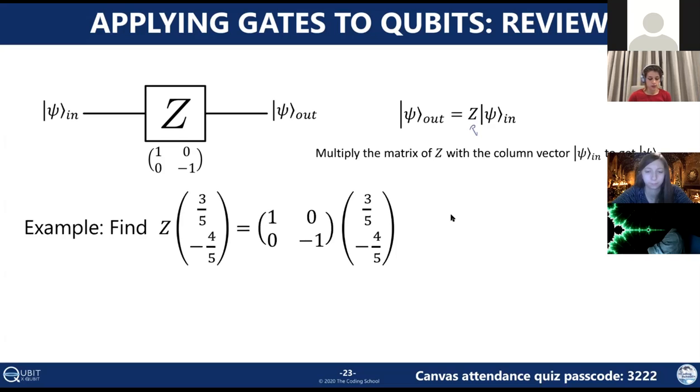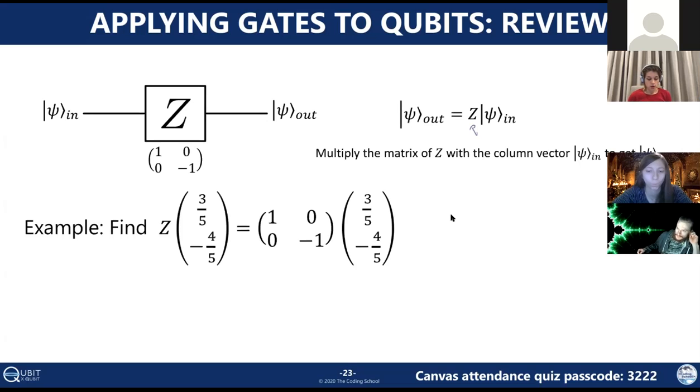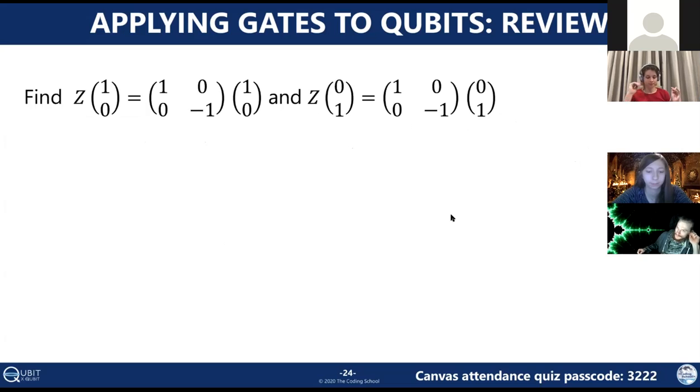We could have a random vector like 3/5, -4/5, multiply by this, and crank through, multiplying each term to get the result. But we could also use a basis vector for the Z gate, and use our original basis vectors when multiplying by the Z gate.